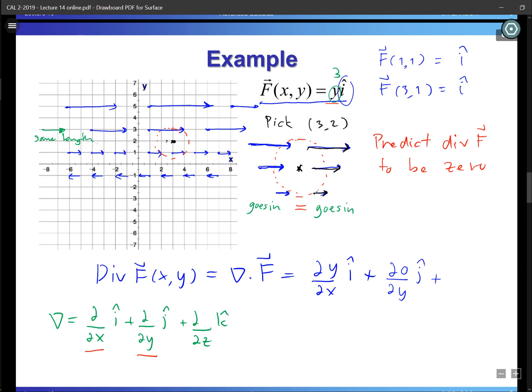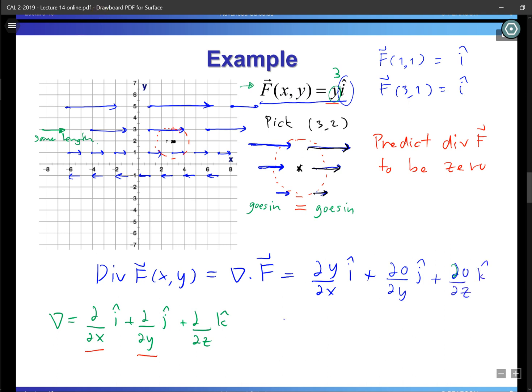And for the next component, you can see that F right here doesn't have a k component, so that means it has 0 for the k component. So we have the partial derivative of 0 with respect to z, k.